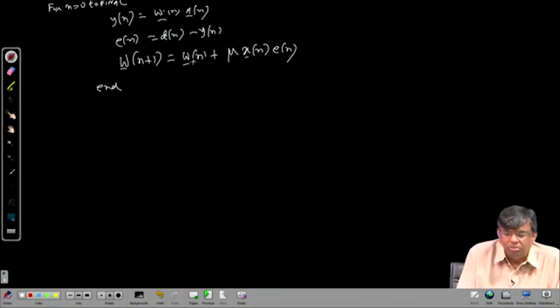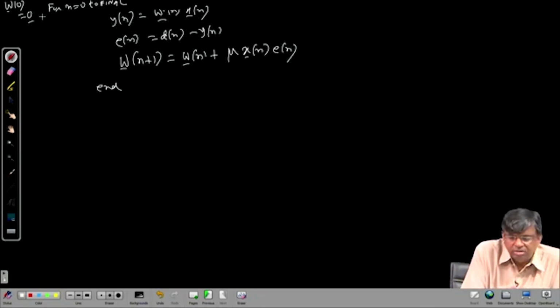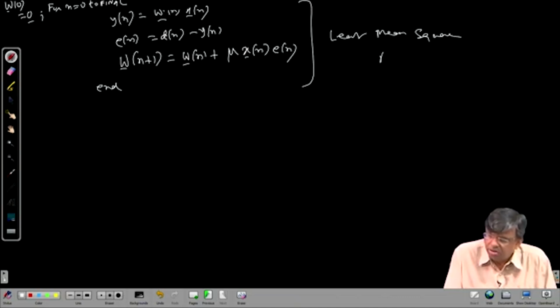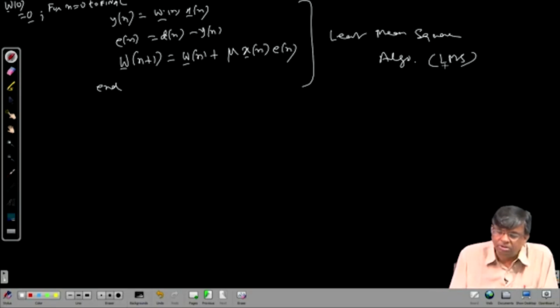So, W 0 is an initial value that you have to provide. Any initial value will work. Normally, we prefer W 0 as the 0 vector. This is called the least mean square algorithm, LMS, one of the two most popular famous adaptive filter algorithms.